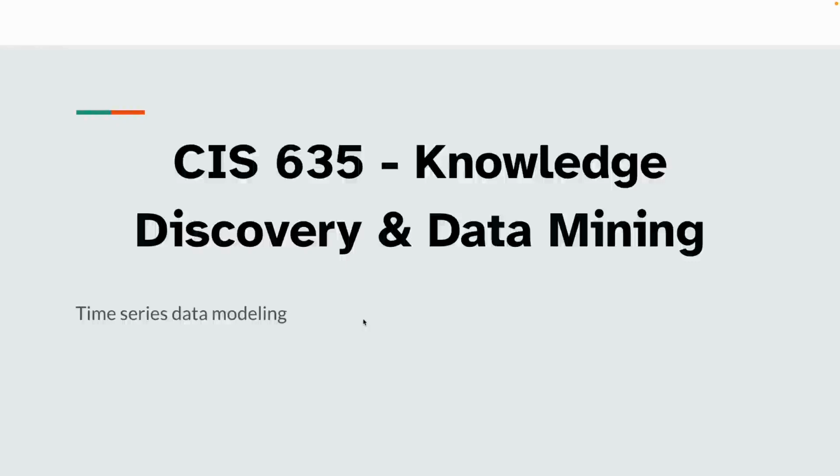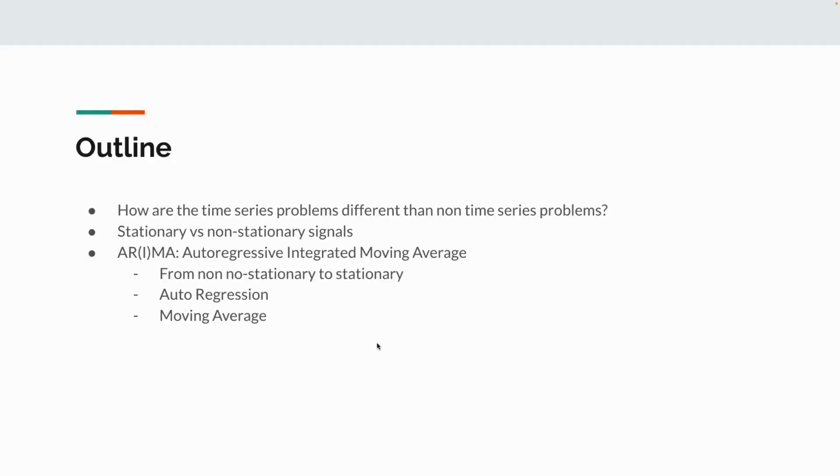This lecture will be talking about a spatial data format modeling, what we call time series data. So the outline looks like this. First, I'll be discussing how time series problems are different from non-time series problems. Then I'll be explaining the difference between stationary and non-stationary signals.